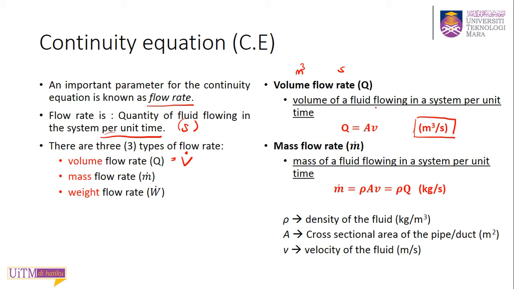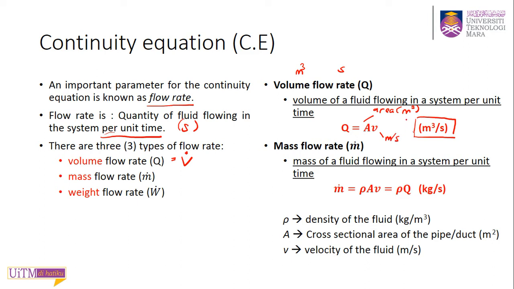And how you find the volume flow rate is A times V. A is area, the cross-sectional area where the fluid is flowing. This is in meter square. And V is the velocity of the fluid flowing, and this is meter per second.